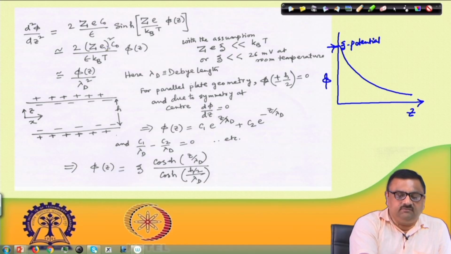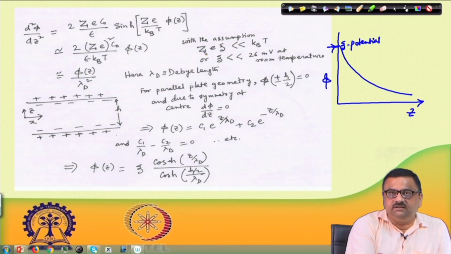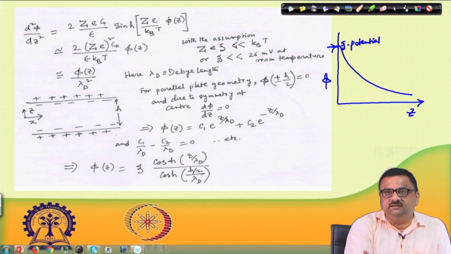That is what has been done in this step with this approximation sign. One can show that for standard parameters, for example z is considered 1 or 2, e is the charge of an electron, T is ordinary room temperature, and k b is the Boltzmann constant, if you put those numbers, one can get zeta much less than 26 millivolt at room temperature.